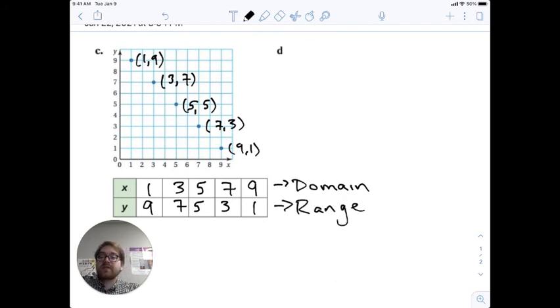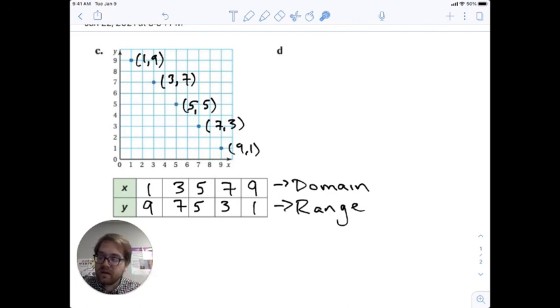And so those are all the numbers that we can get out of our function, right? When we put a 1 into our function, we get out a 9. When we put a 3 into our function, we get out a 7. Now we'll look more later at what we mean by putting in and getting out of the function. But that's a way you can think about the relationship between these numbers.